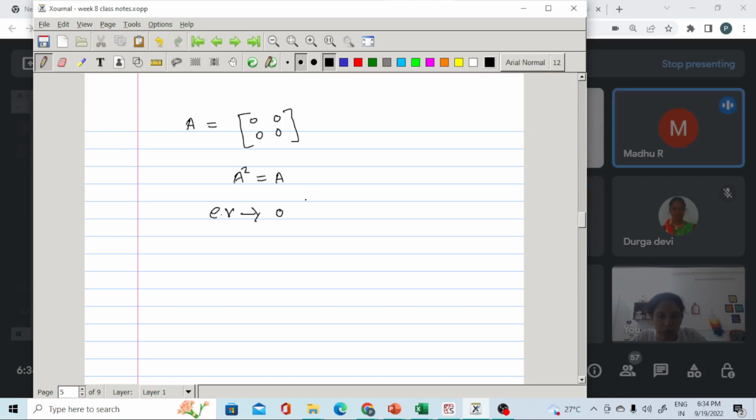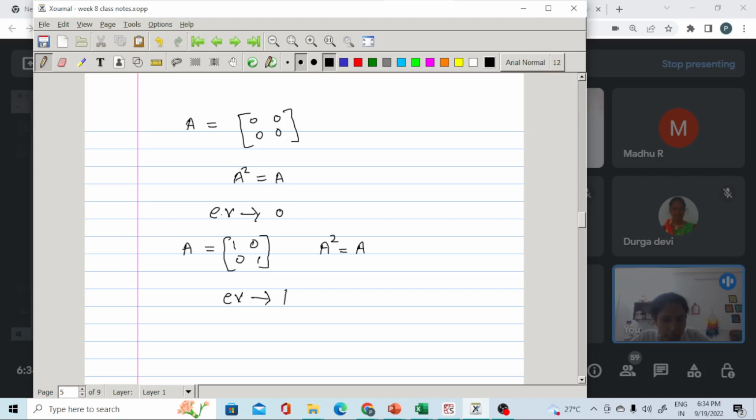Only 0. Here 1 is not an eigenvalue. Now if I am taking A equals 1 0 0 1, our identity matrix, again A square is A. Here the eigenvalue is 1. So we get one idempotent matrix which has only 0 as eigenvalue and another idempotent matrix which has only 1 as the eigenvalue.